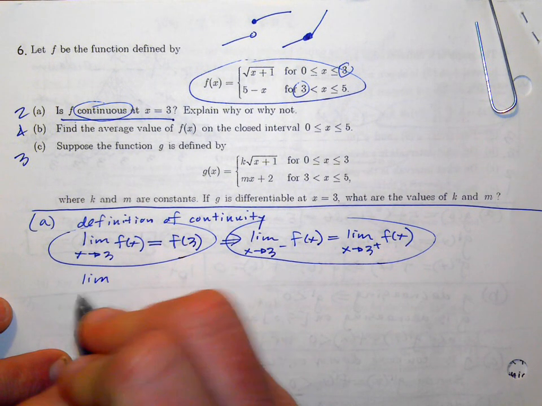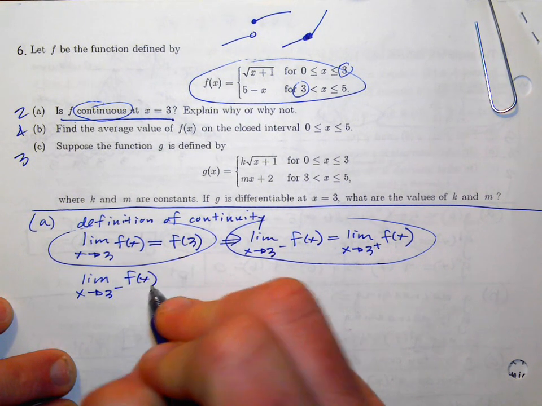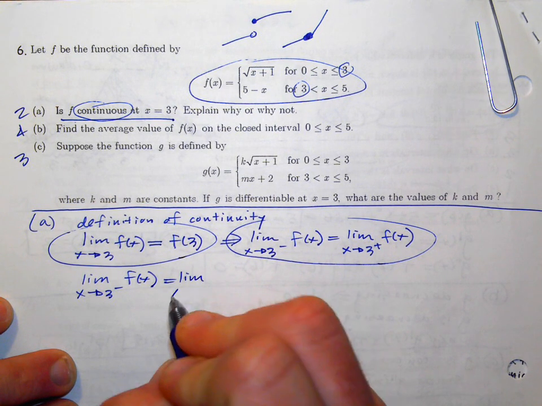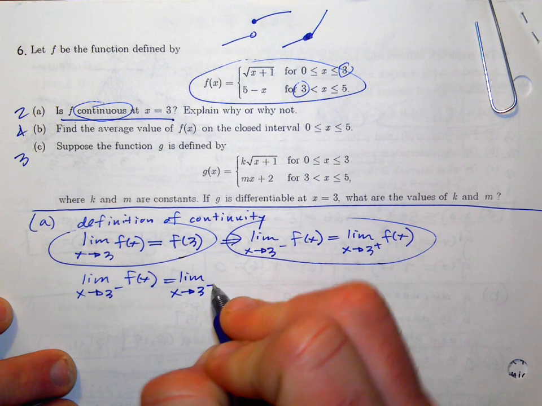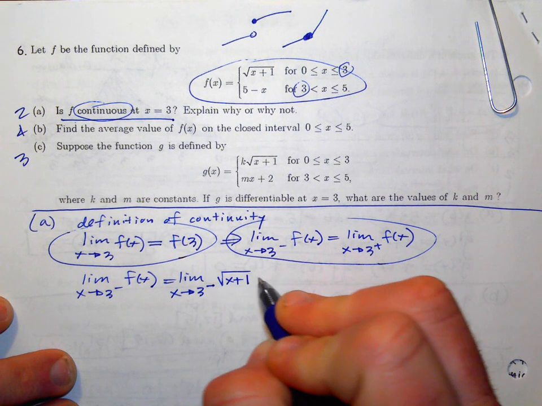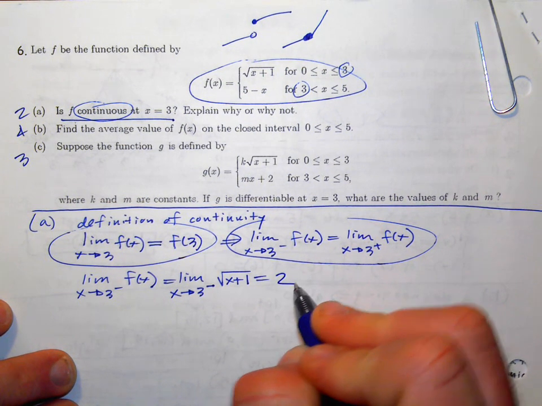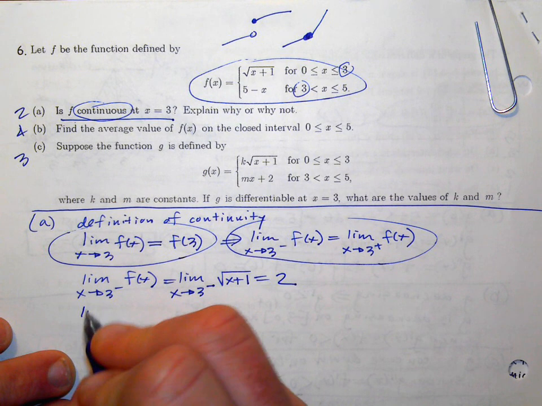We're going to say, okay, the limit as x approaches 3 from the left side of f of x is equal to the limit as x approaches 3 from the left side of the square root of x plus 1, which gives you, now this isn't negative 3, you'd actually just plug 3 into it, and you get the square root of 4, which is 2. And then we would do the right side limit.